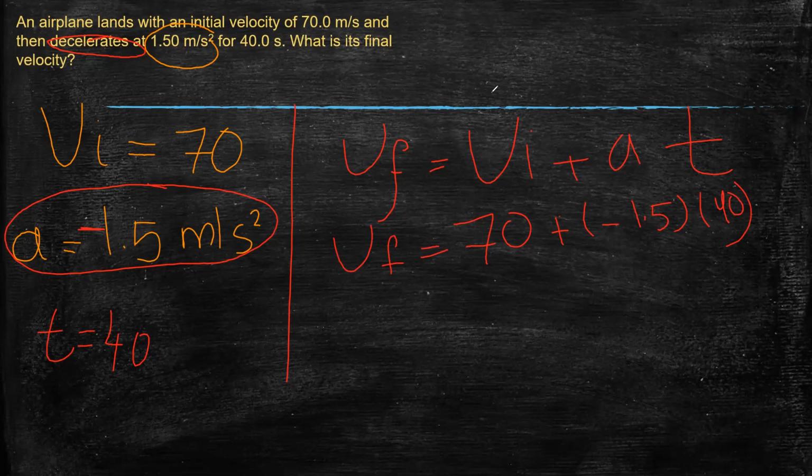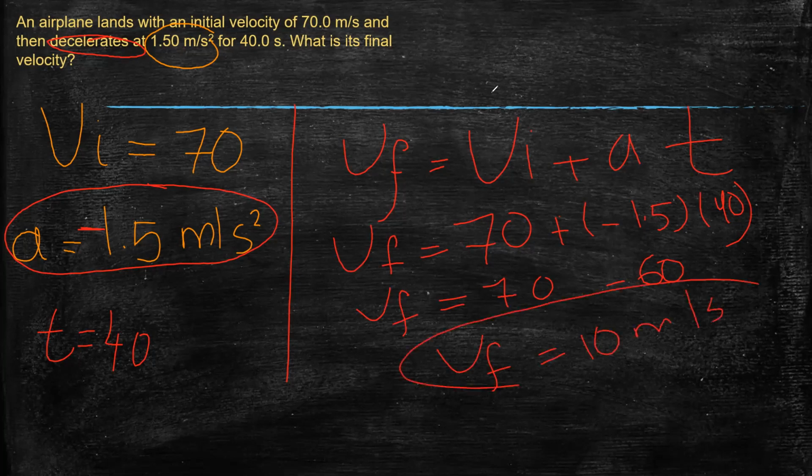So 40 times 1 is 40, 40 times 0.5 is 20, so negative 60. Negative 60 plus 70 is V final. So the final velocity is 10 meters per second. Is it right? Yes.